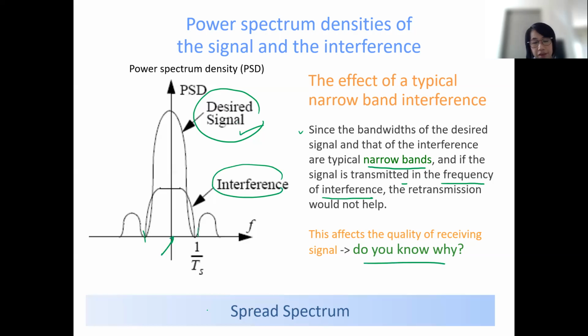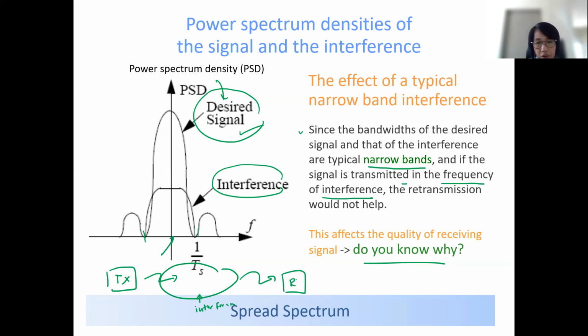Do you know why? Of course, you send only this signal from the transmitter, and then the signal propagates into the channel. In the channel, you have the interference. You send the desired signal with high power, and then suddenly you face the interference in the medium, and both of them arrive at the receiver.